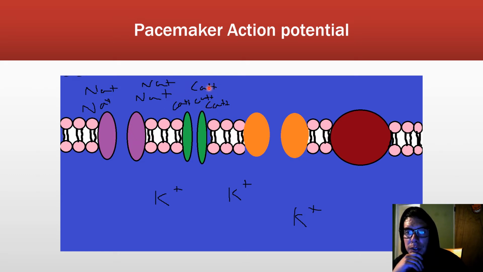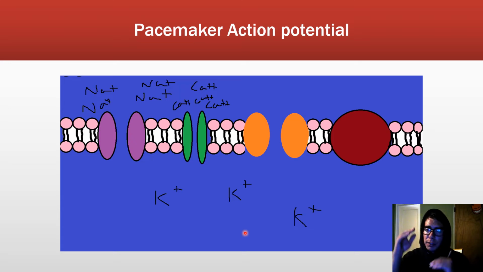So it would be 2, 4, 6, 8, 9, 10, 11, 12 cations or positive charges outside of the cell, and we have 3 positive charges inside. So even though there's positive on both sides, it's more negative in here than it is out there, if that makes sense. So that's a polarized state ready to depolarize.